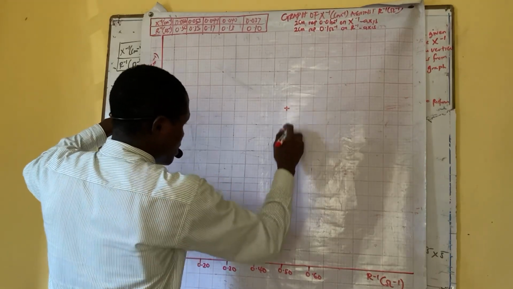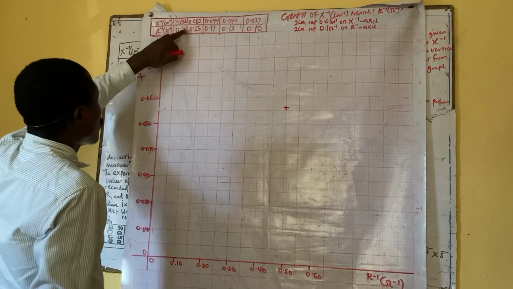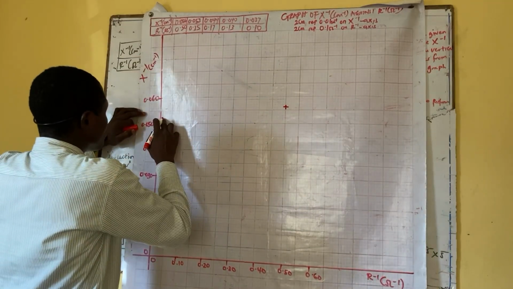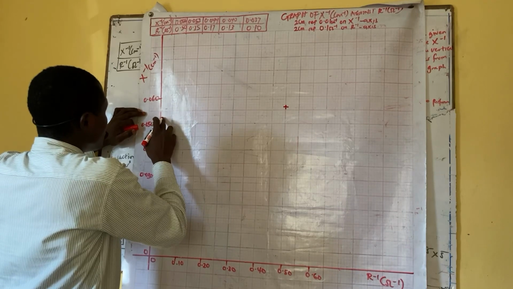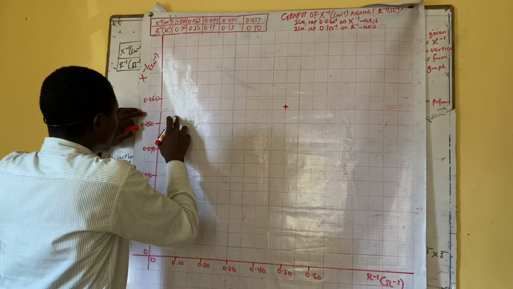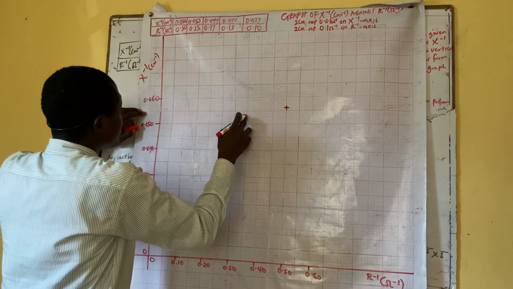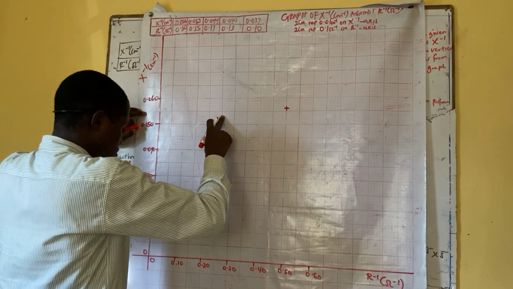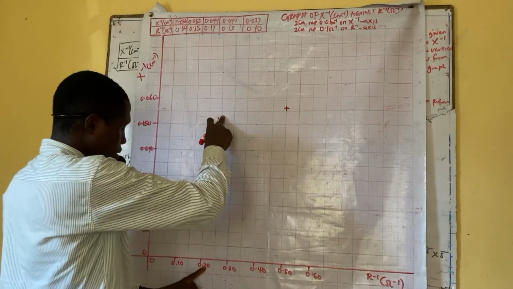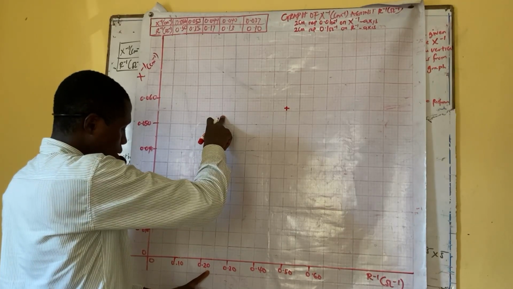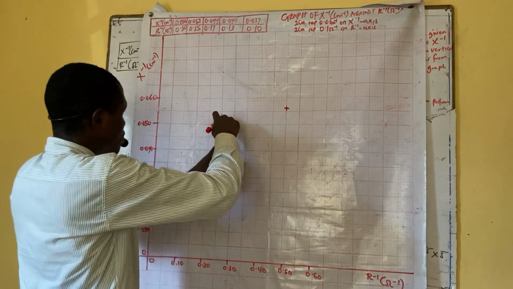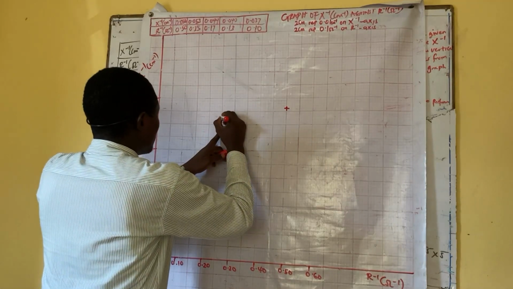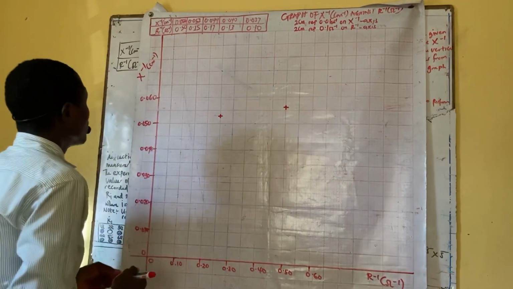Next, 0.053 against 0.25, which is very far from 0.5: counting 0.21, 0.22, 0.23, 0.24, 0.25, trace this up and we have a point here.